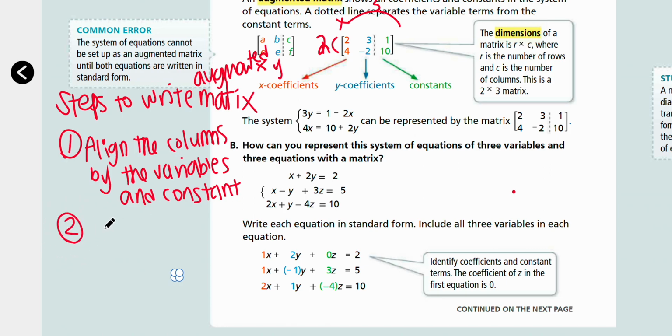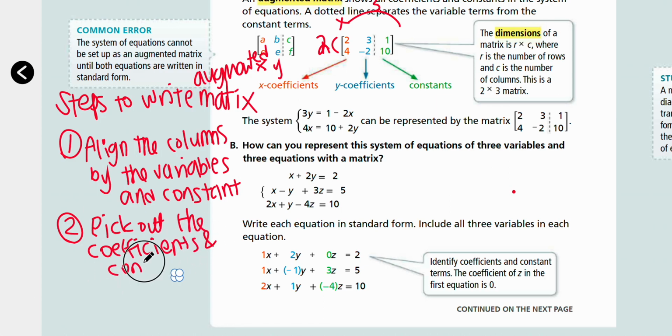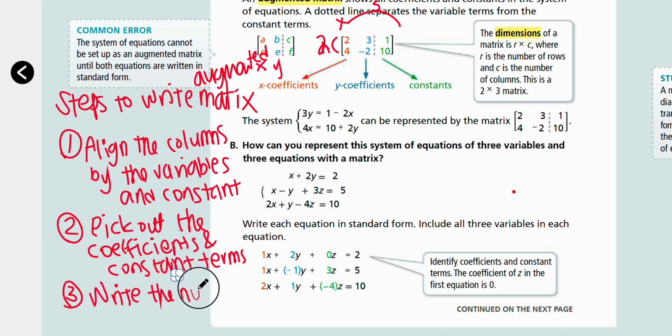Step 2: pick out the coefficients and constants. Step 3: write the numbers in order in the matrix.